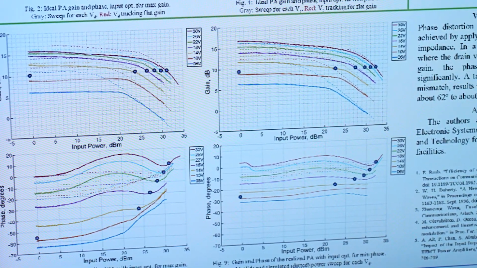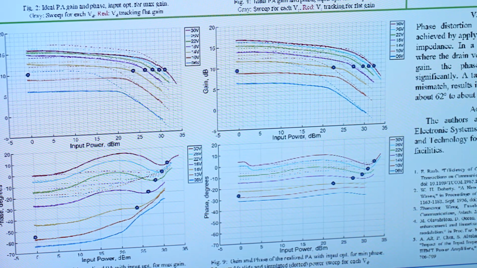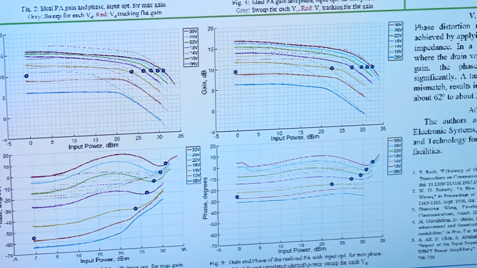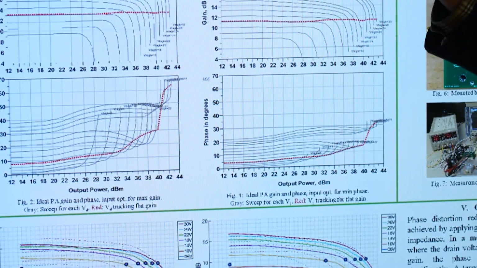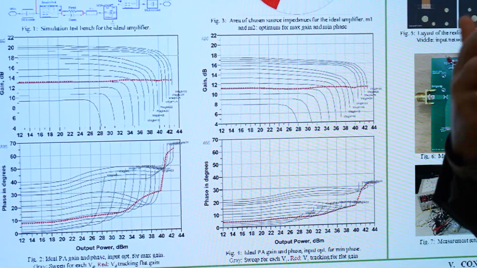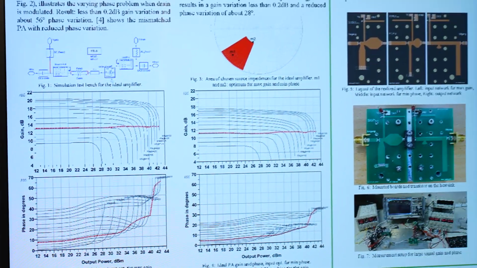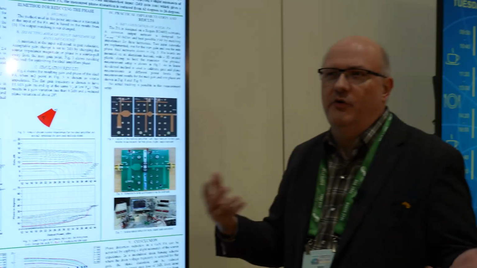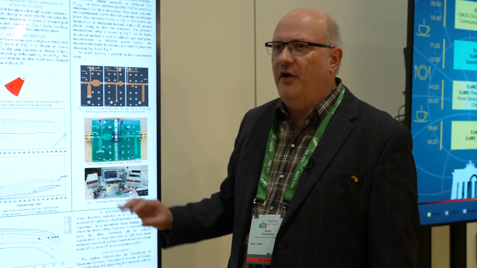And I think this is not a specific Cree device property. We have seen it in other gallium nitride transistors, also integrated MMICs. So I think it's a GaN thing.